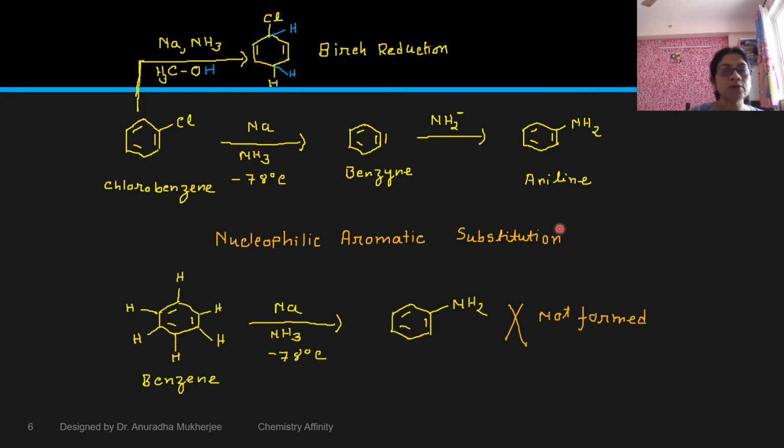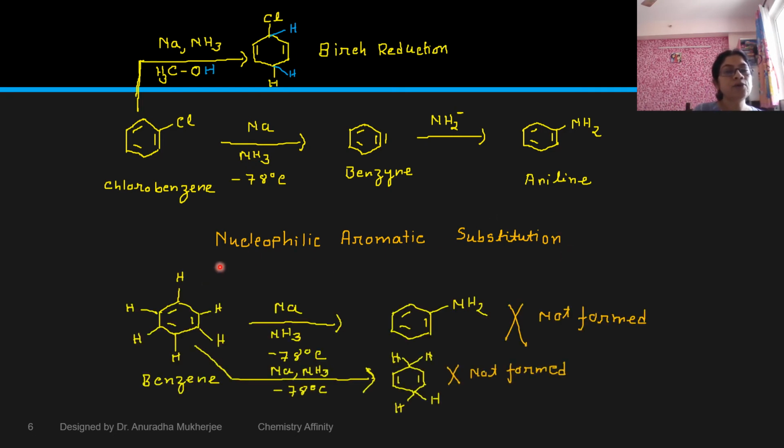Now another common mistake: if we take simple benzene and add sodium and ammonia, it will not undergo nucleophilic aromatic substitution, and it will not undergo the Birch reduction either. Because to undergo nucleophilic aromatic substitution you need a halogen, because it will leave and then form a benzyne. The C-H bond, this hydrogen, cannot break.